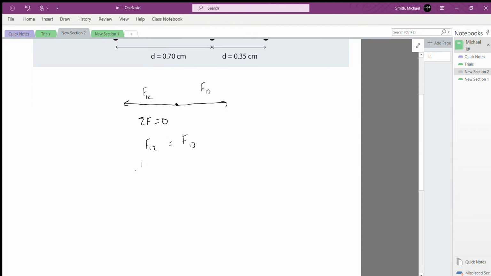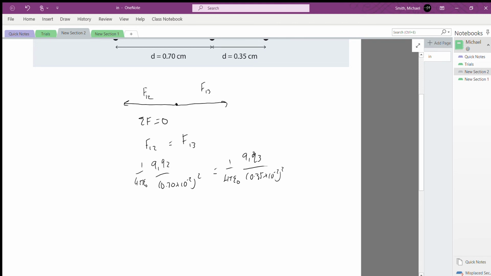So 1 on 4 pi epsilon naught Q1 Q2 on the distance squared, so 0.7 centimeters squared, has to be equal to 1 on 4 pi epsilon naught Q1 Q3 on 0.35 centimeters squared.